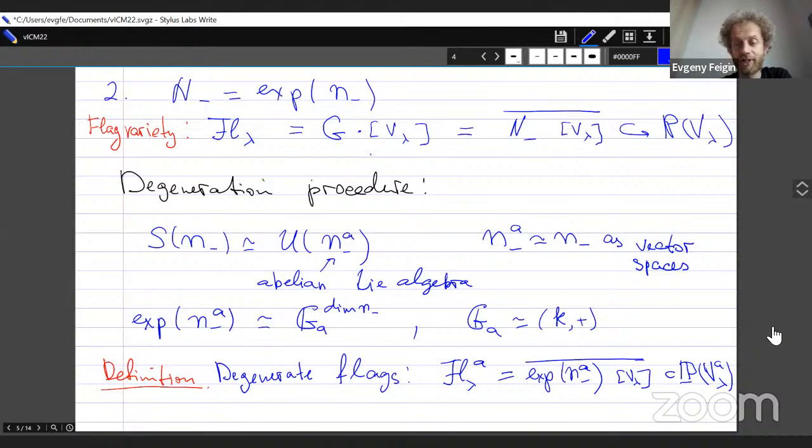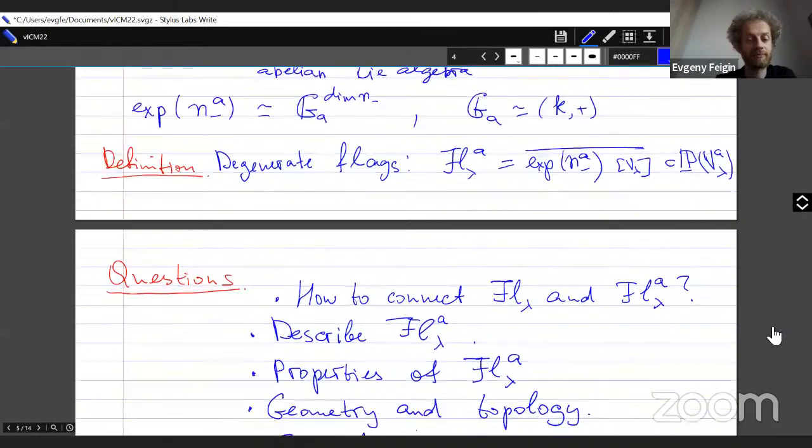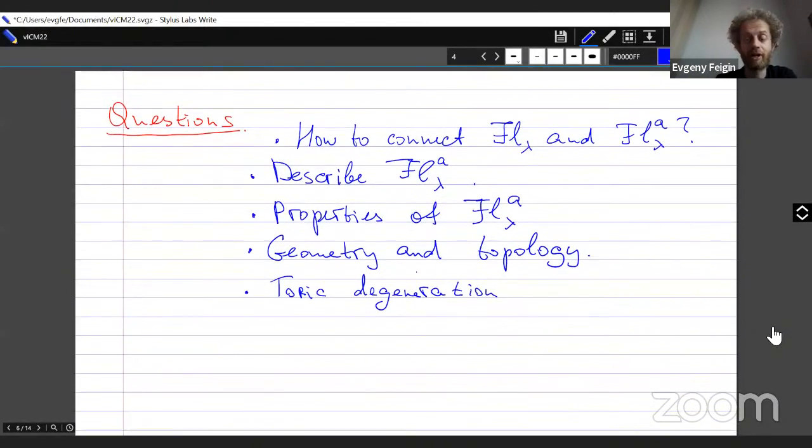And this is a subvariety inside the projective space of V lambda A. This is a projective variety, and we want to study its properties more precisely. We want somehow to understand how this variety looks. More precisely, how to connect this FL lambda with FL lambda A.